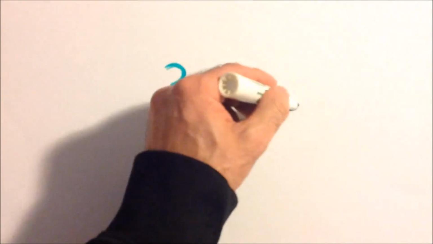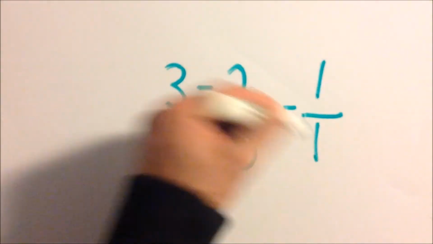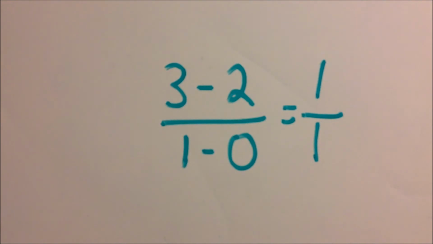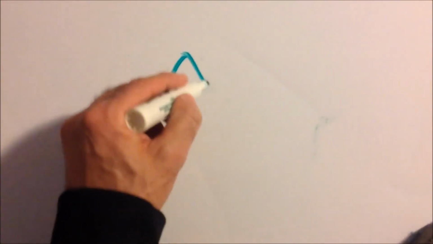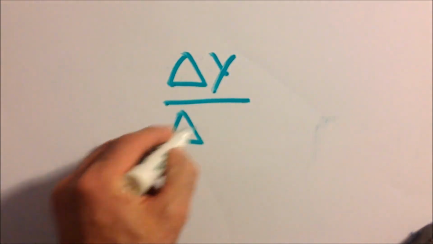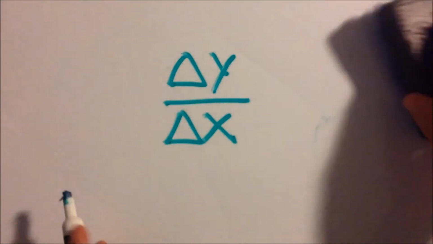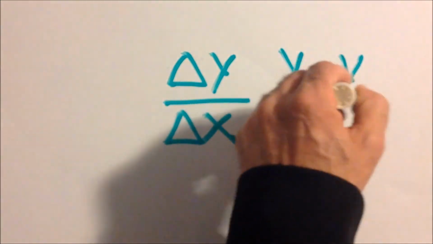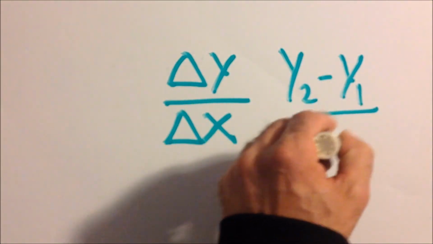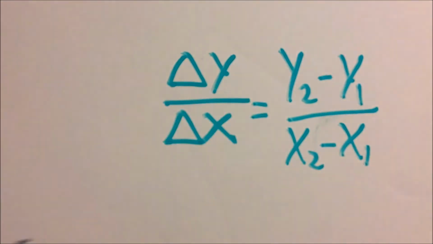So the change in y is 1, and the change in x is 1, so the slope is just 1. Again, the change in y over the change in x is just what we did in class, y2 minus y1 over x2 minus x1. It's the same thing.